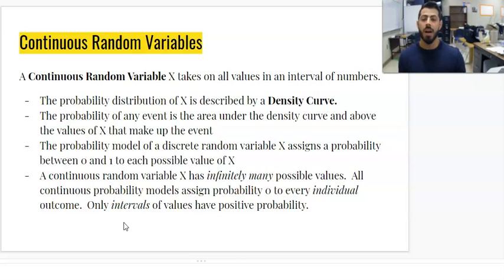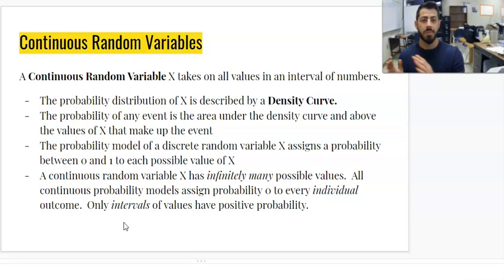The probability model of a discrete random variable x assigns probability between 0 and 1. However, a continuous random variable has infinitely many possible values, so it does not make sense to look at any one value and calculate that value's probability. Rather, we look at intervals for positive probabilities.